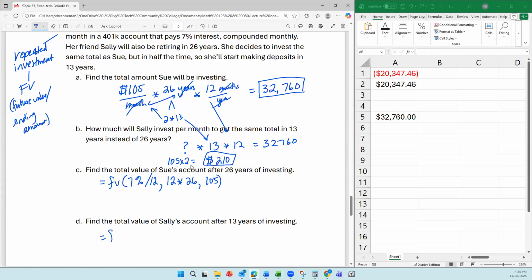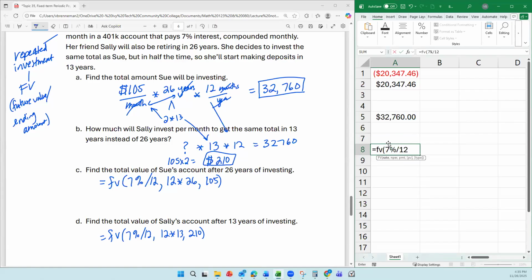For Sally, we're just changing the 26 to 13 and the 105 to 210. So for Sue we have equals FV, parentheses, 7% divided by 12, 12 times 26, and 105.